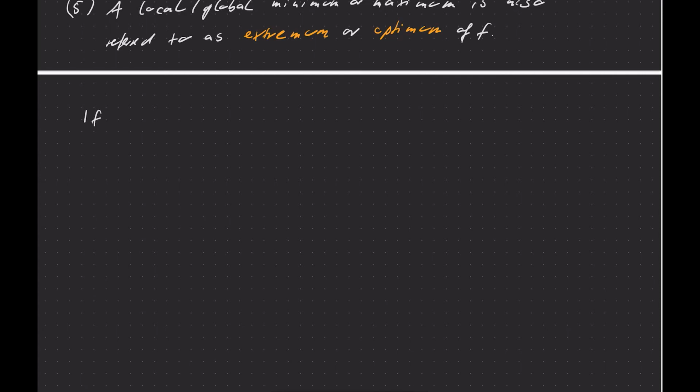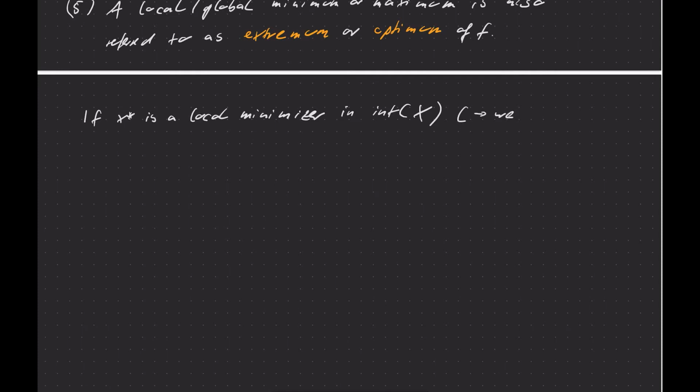So let's say x star is a local minimizer in the interior of a set. We want the interior because we want to be able to move in every direction. And we want it to be differentiable. The function wants to be differentiable at that point.